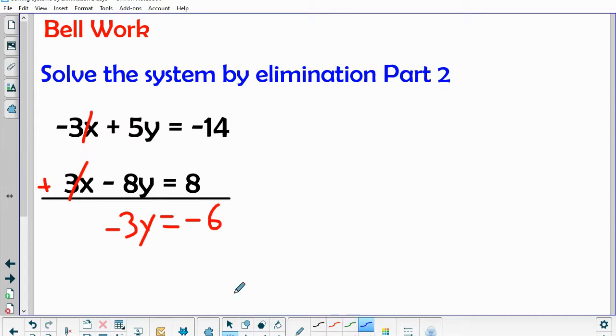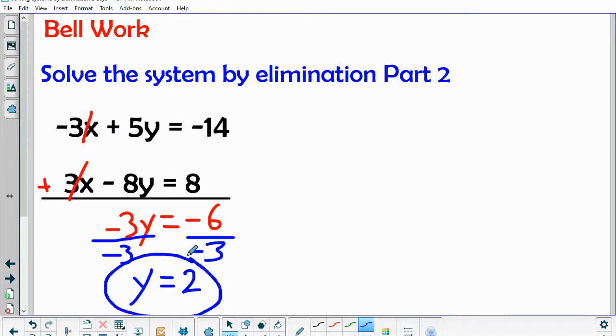So to finish solving this, we're going to divide both sides by negative 3. And when we do that, we end up with a y value that is equal to 2. So now that we know our y value, we need to plug that back into one of the original equations for y.